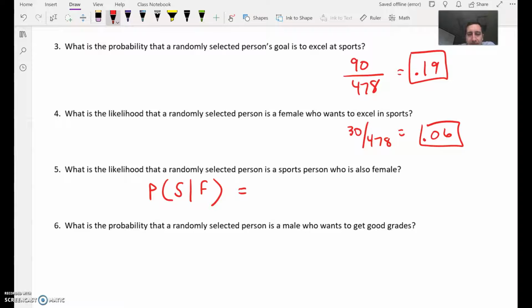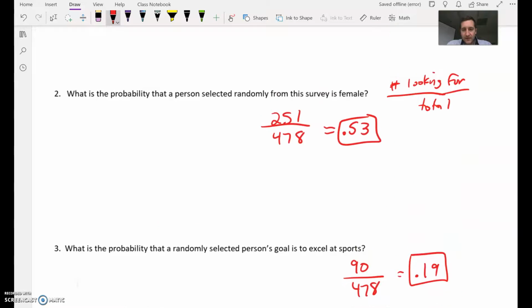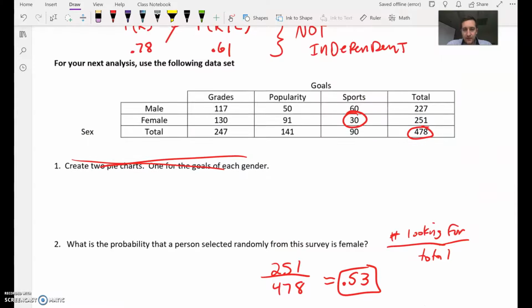That's rule number 8. Rule number 8 tells us on our sheet that we want to find the probability that someone is a sports person and they're a female. We'll be able to just use our chart for that, divided by the probability that they are female. So we are looking for the probability that someone is a sports person and a female. How many of those do we have? Sports person and female. That's 30.